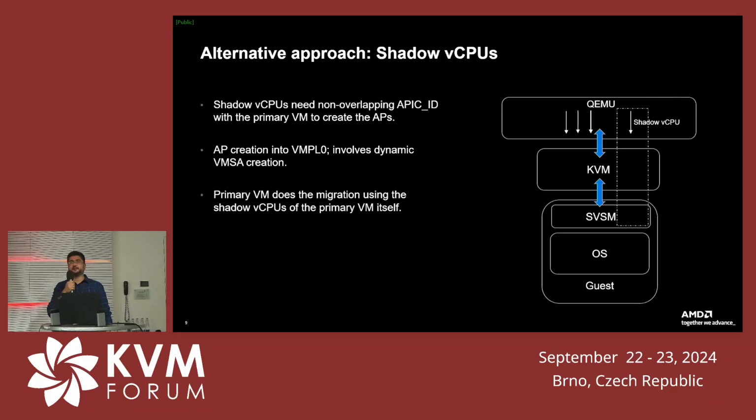We need some non-overlapping APIC ID tied to the current KVM APIC object to get it working. I need to look at that, but apparently this will use the same KVM object.